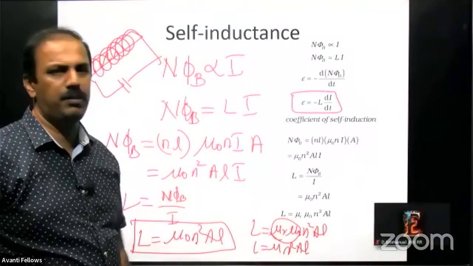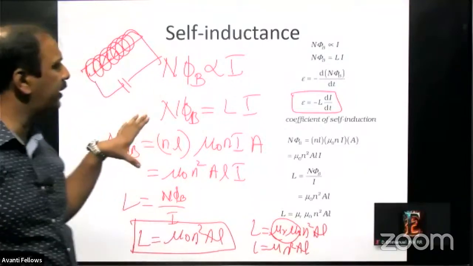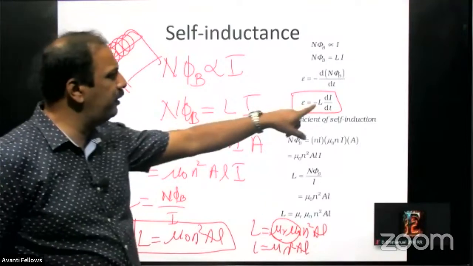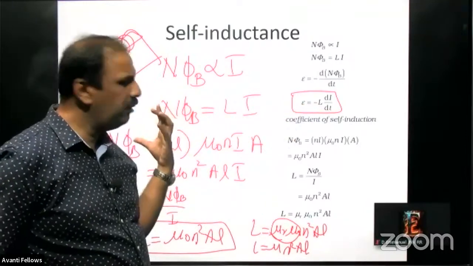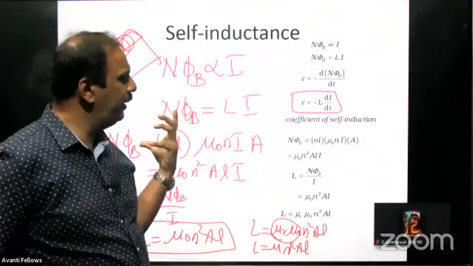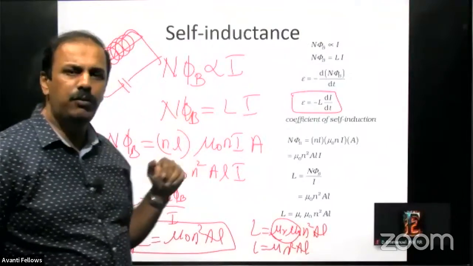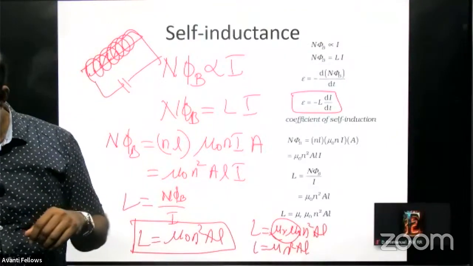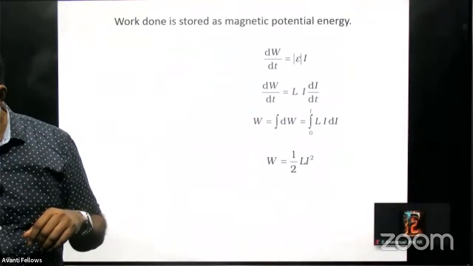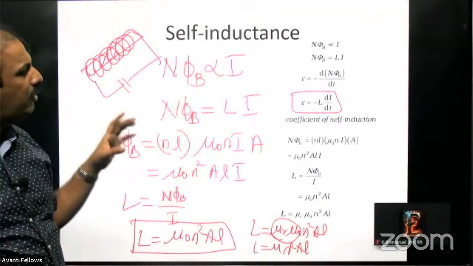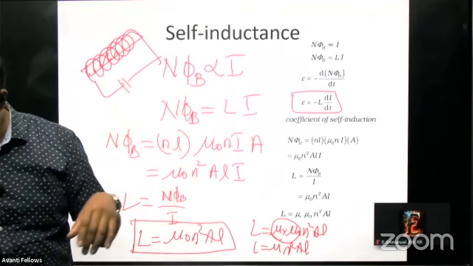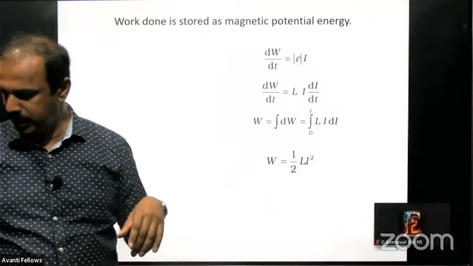Here it is just permeability. So that's about self-inductance. When it is self-inductance, you have to write L, and otherwise mutual inductance means it will be M. Okay. Now, if you have both coils, what to do? If you have two coils, that we will discuss after this energy stored.